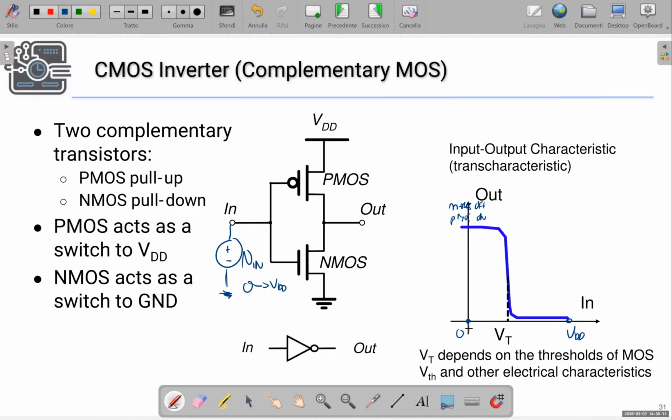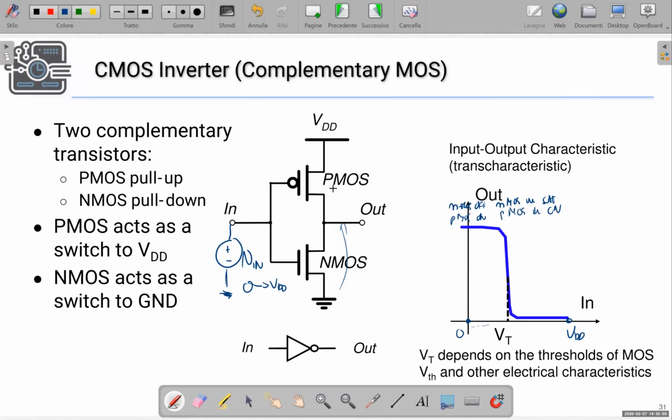Then what happens when I increase the input voltage? When I increase the input voltage above the threshold voltage VTH of the NMOS device, the NMOS device starts conducting with a drain source voltage which is rather high, so we have the NMOS in saturation, and the PMOS still in the on region.